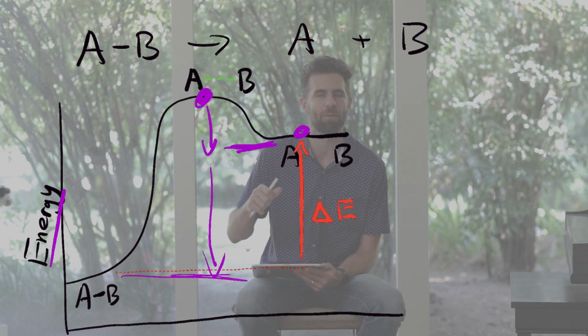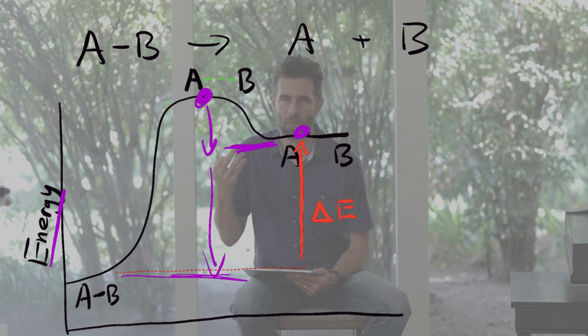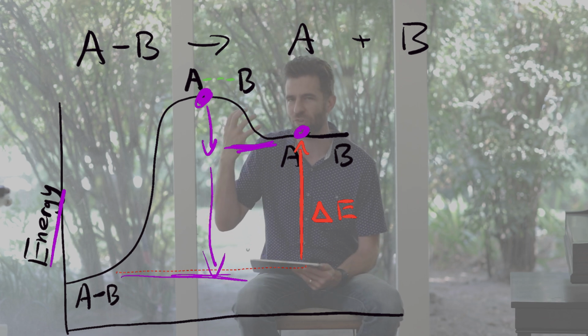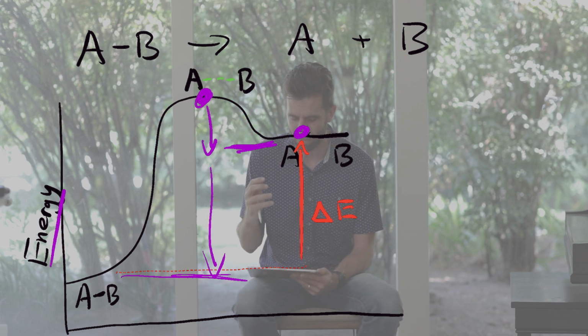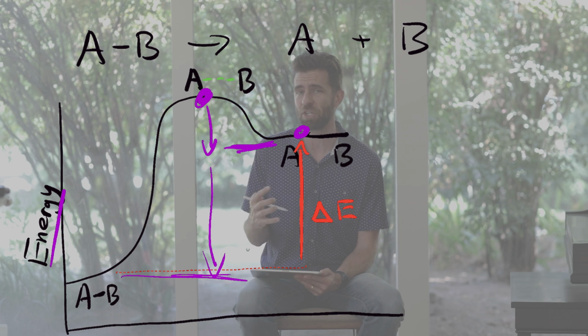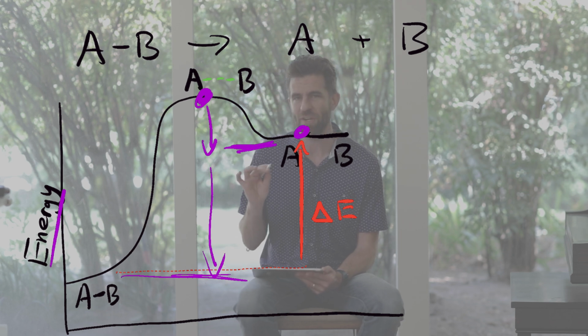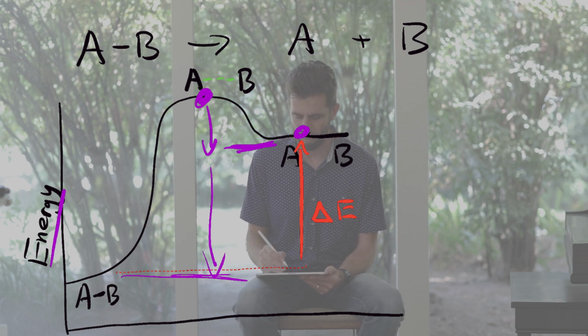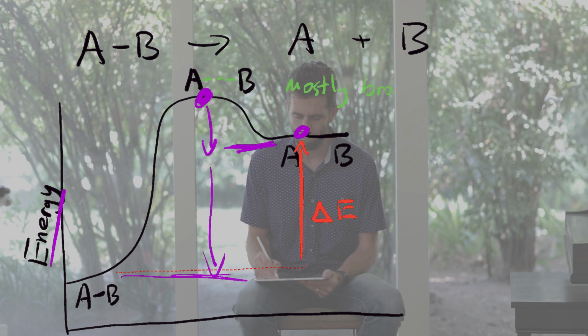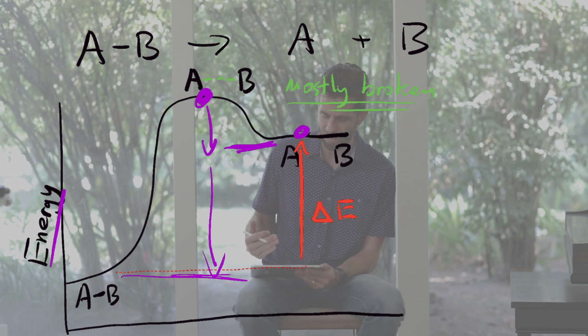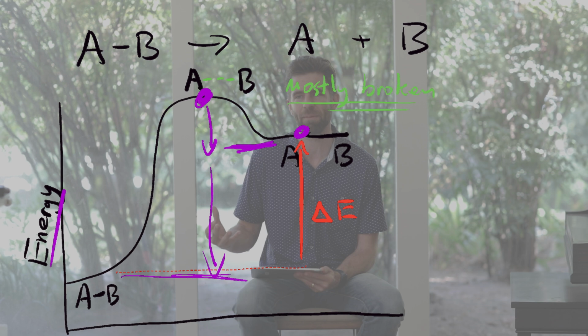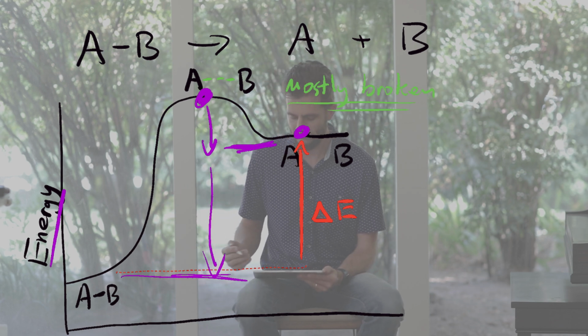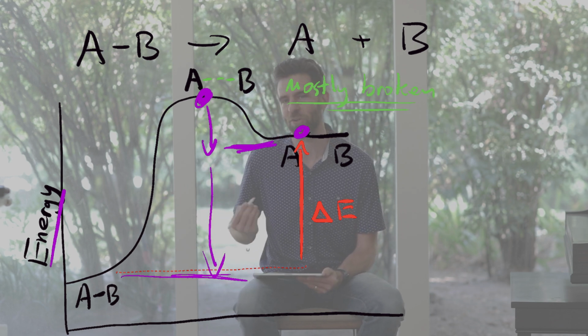Look at our old examples with the height of things or springs breaking and try to make a connection here. I know it's a little abstract, but if you make that connection, you're going to understand how we know that this bond here is mostly broken, right? It's almost all the way broken because its energy is very similar to the fully broken form. And remember, we said this was an endergonic reaction.